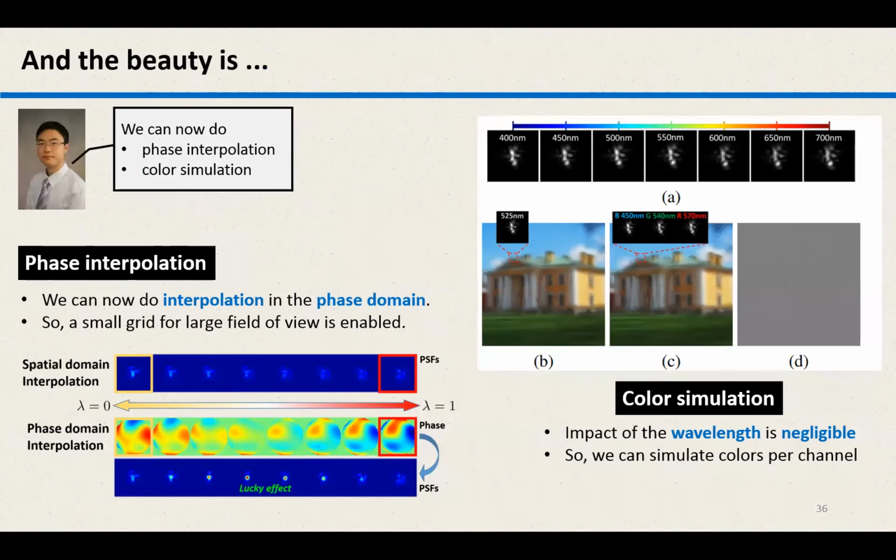And not only that, because of the phase-to-space transform, you can also enable something that the version 1 simulator is not able to enable, which is the phase interpolation. In version 1 simulator, if you have 2 points in the space and you want to interpolate across the grid, then you can only do the spatial interpolation, which is the superposition of pixel intensities.